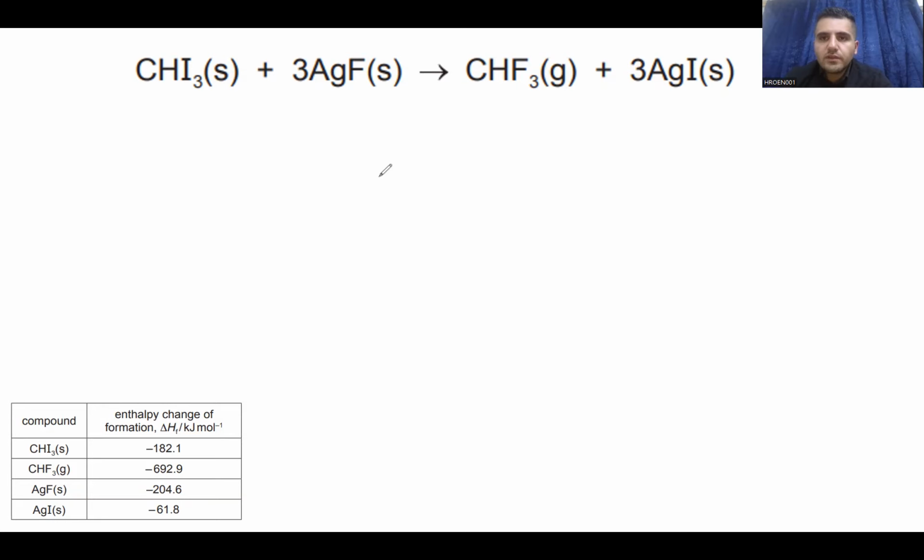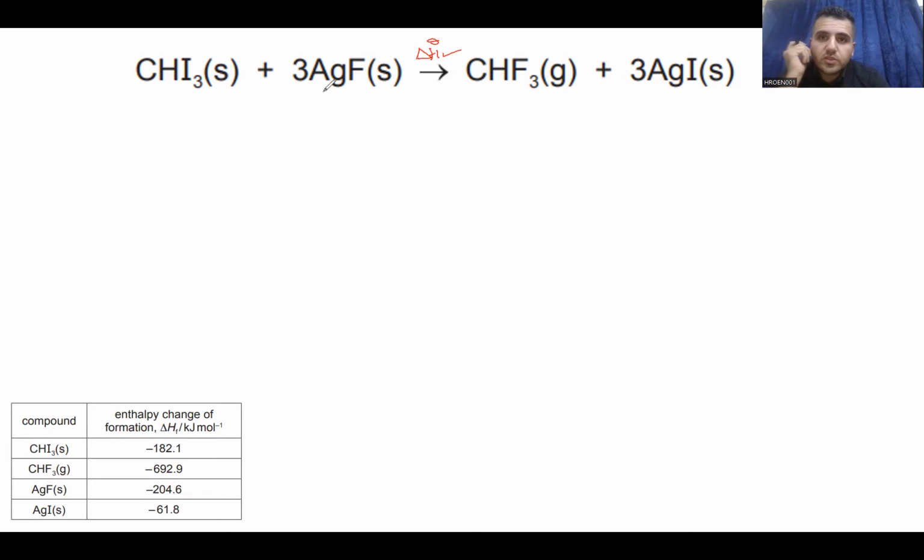So guys, whenever you are finding delta HR from delta HF values, follow these steps. Firstly, the first step was writing delta HR over this reaction. And we don't know what exactly this is.